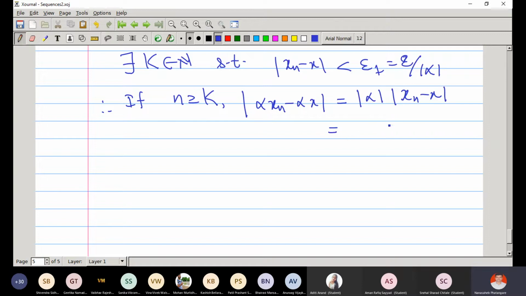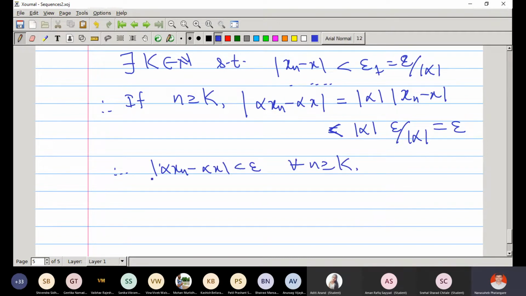Can I say that this amount is less than epsilon upon alpha? Is it true? Yes, sir. Why? Because n is greater equal k, and so xn minus x is less than epsilon upon absolute value of alpha. And therefore this is epsilon. Therefore alpha times xn minus alpha x is less than epsilon for all n greater equal this k.